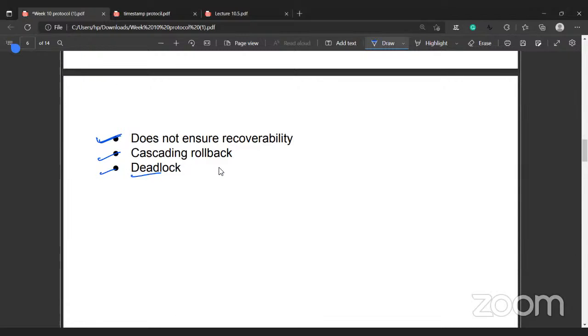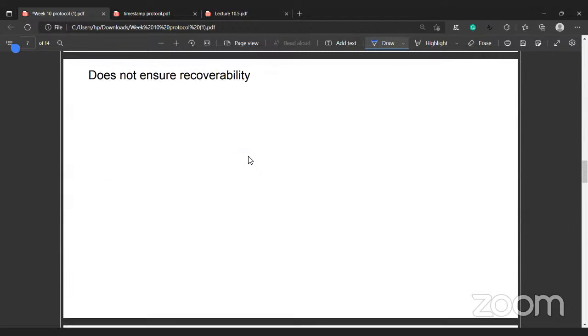Suppose one transaction is waiting a long time to obtain locks, so starvation may be possible. So let's see the main points. What are the actual disadvantages? It may not ensure recoverability, and may cause cascading rollback and deadlock, right? So we'll see with the help of an example.